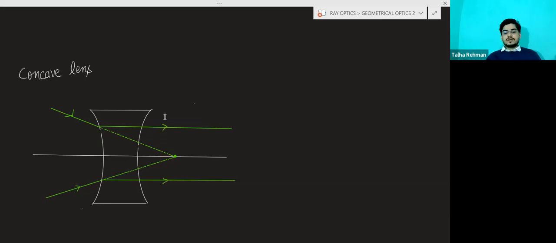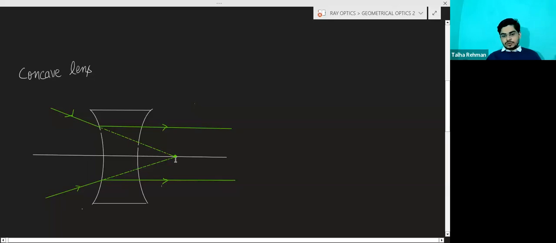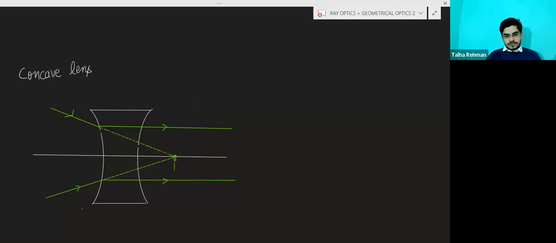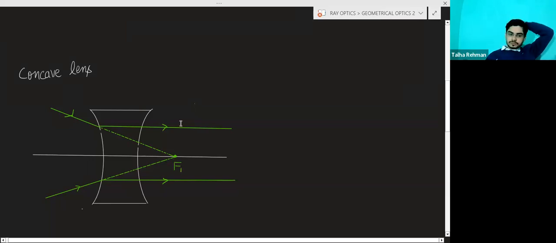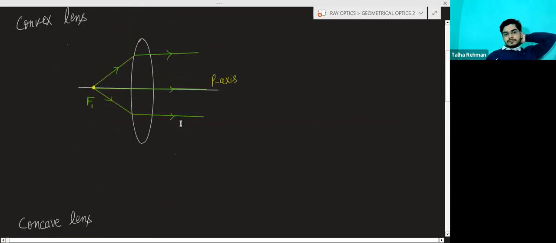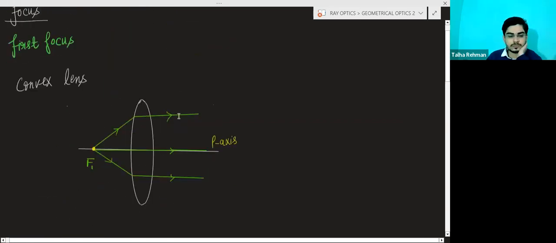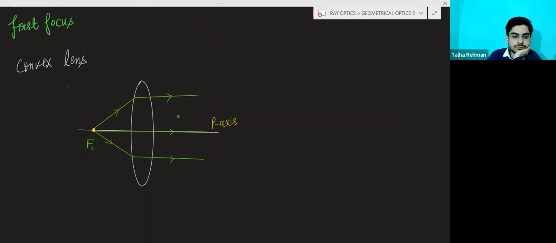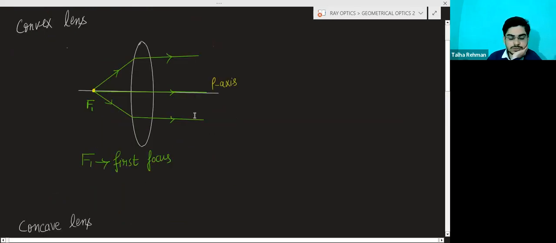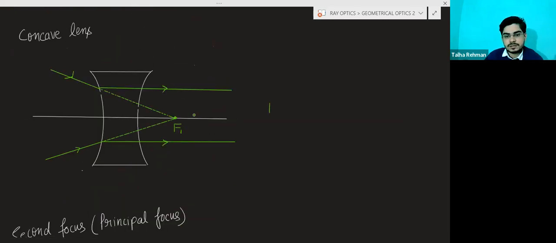So this point is known as the first focus. F1 is known as the first focus.